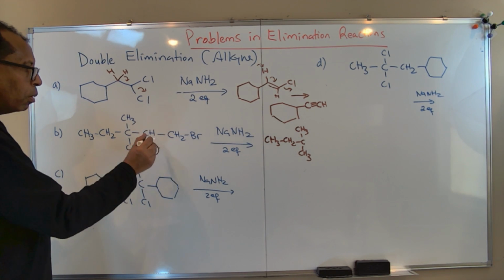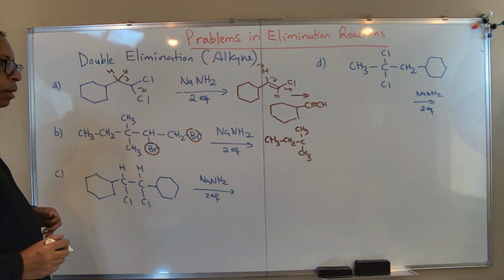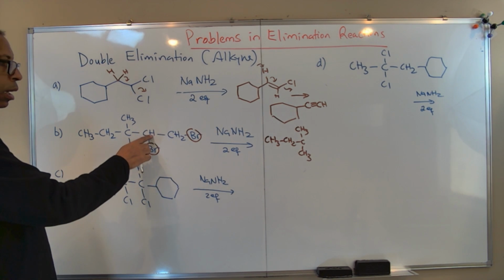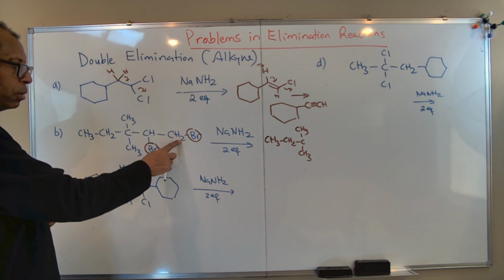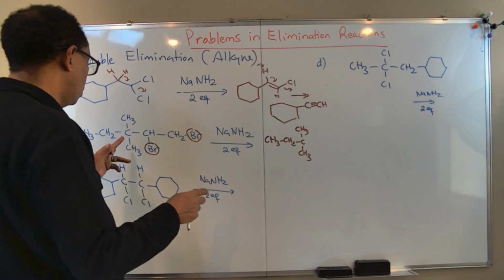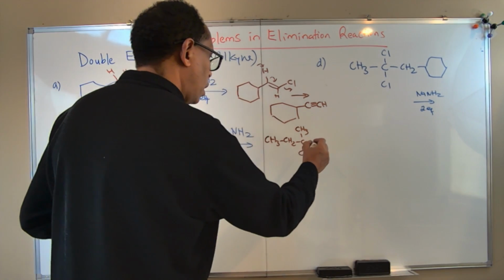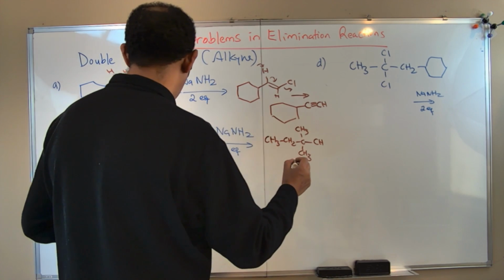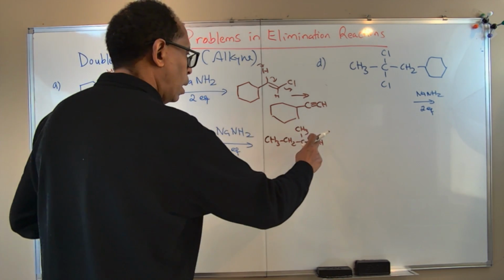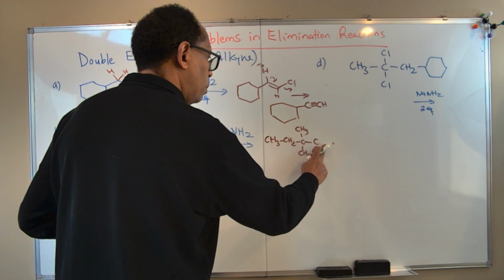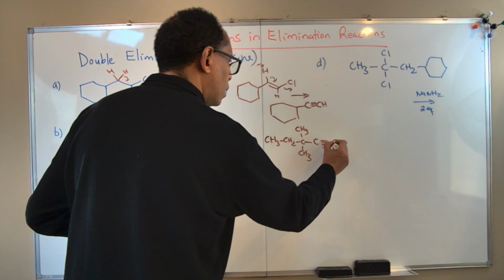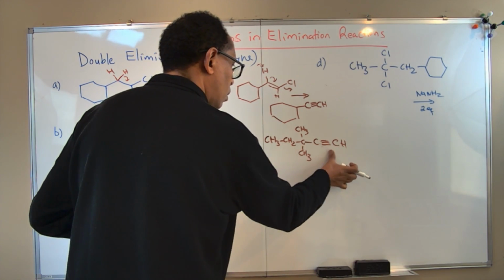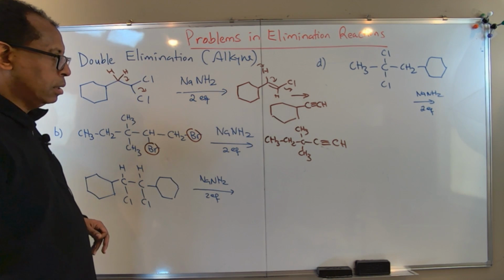So these two bromines are to be eliminated, and one hydrogen from here and one hydrogen from there. So the product looks like CH, right? No CH, it's already eliminated. You have CH. So this is the product alkyne group.